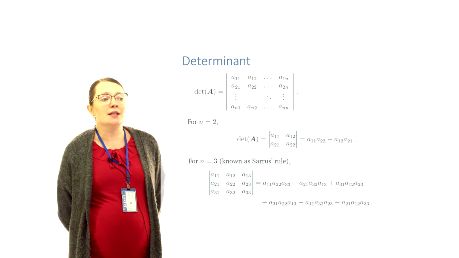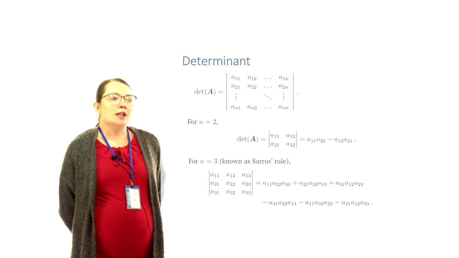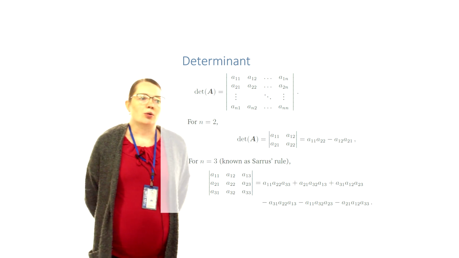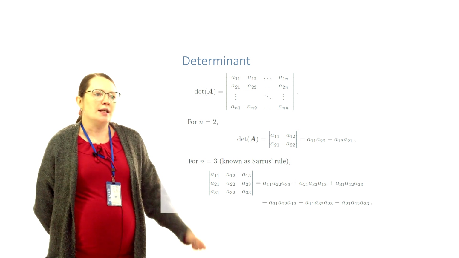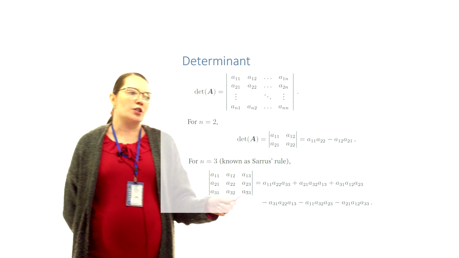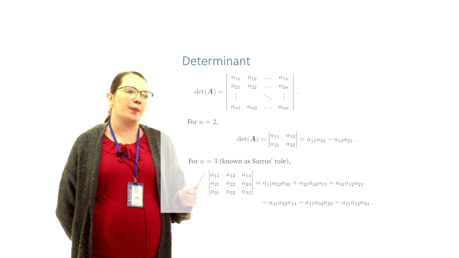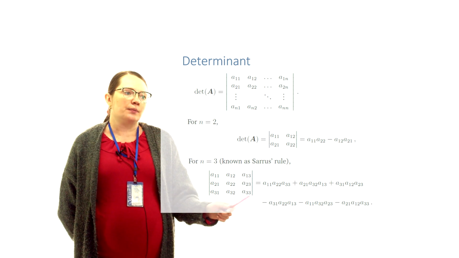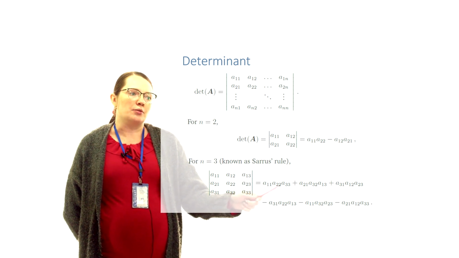For a 3 by 3 matrix, the determinant can be calculated by Sarrus's rule, or sometimes it's called the triangle rule. So you can see it here. This is the 3 by 3 matrix given, and the determinant is, first of all, the product of these three terms on the main diagonal, A11, A22, and A33.